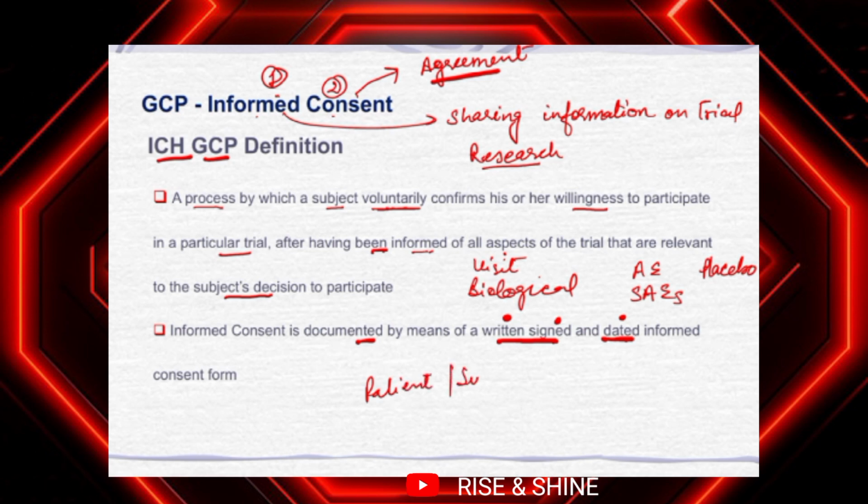Second is whoever was taking their informed consent, the investigator, or if the CRC, clinical research coordinator, is taking it. Anyone who is handling this process should also be signing. The patient or subject should also be signing. If they are illiterate, an impartial witness should also be there.